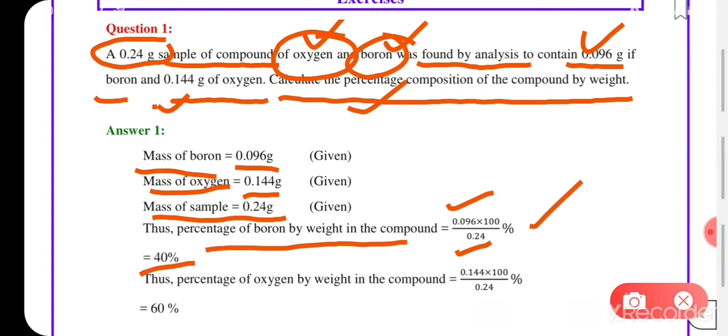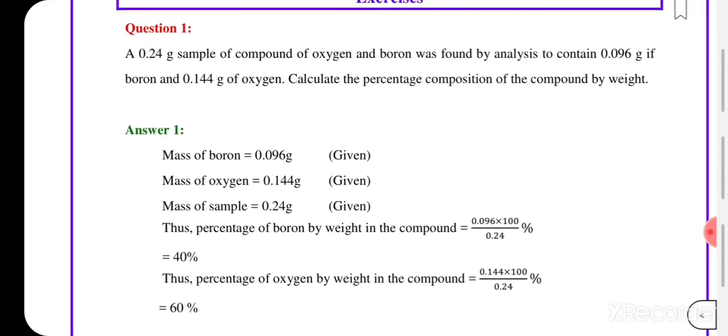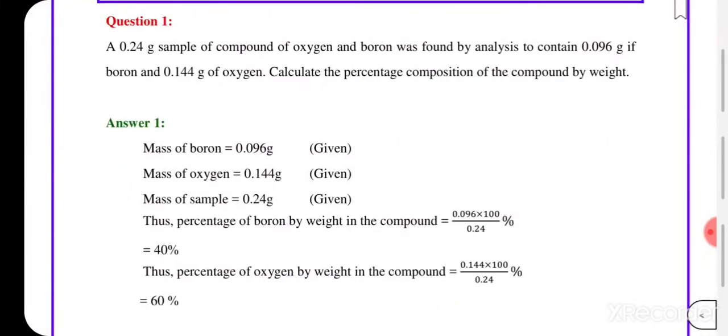Similarly, to find the percentage of oxygen, you take the mass of oxygen divided by the mass of the total sample into 100. With this simple calculation you find the percentage composition of the compound for the sample. Now moving on to the next question.